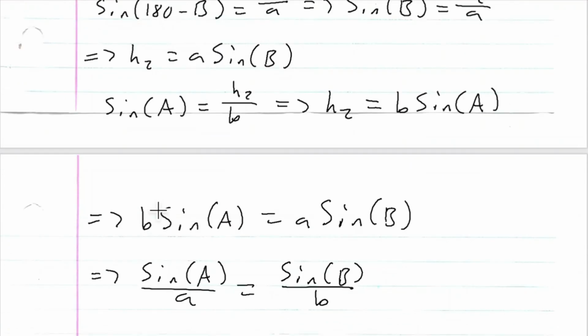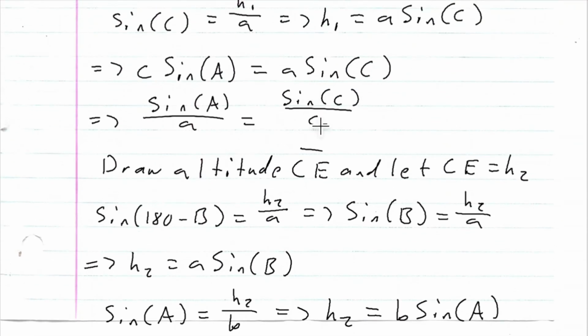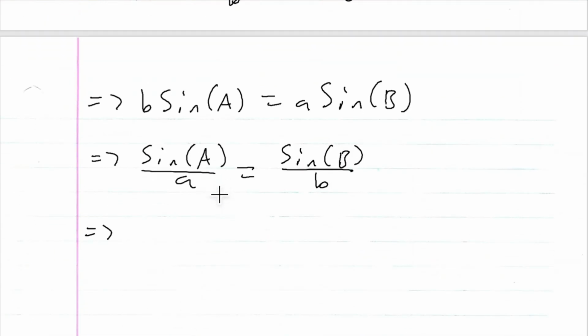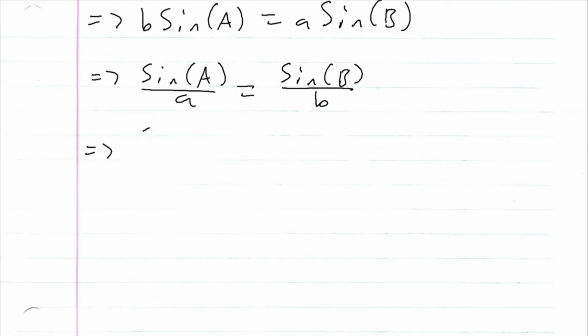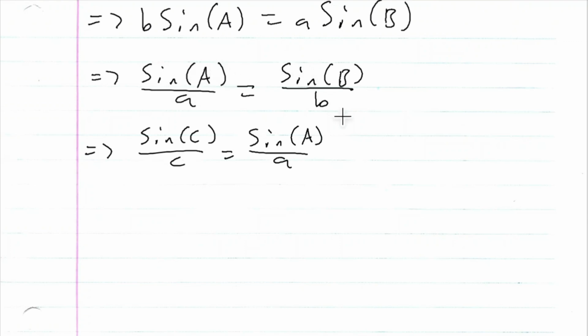We know that sine of C over c is equal to sine of A over a. And sine of A over a is equal to sine of B over b.